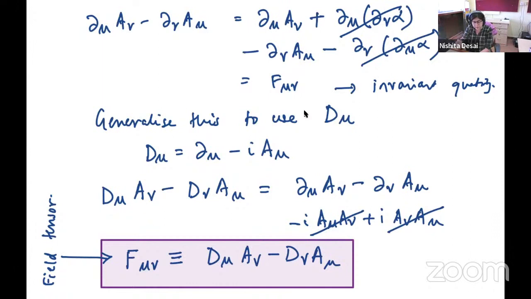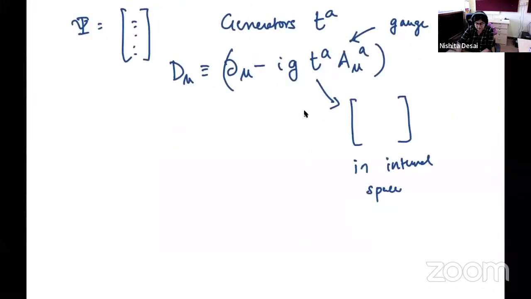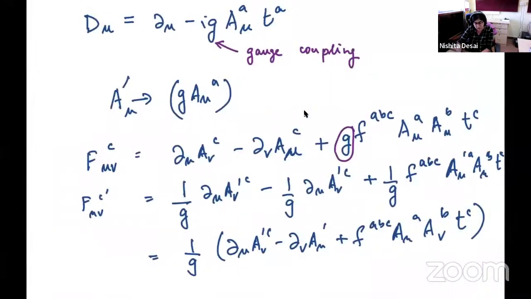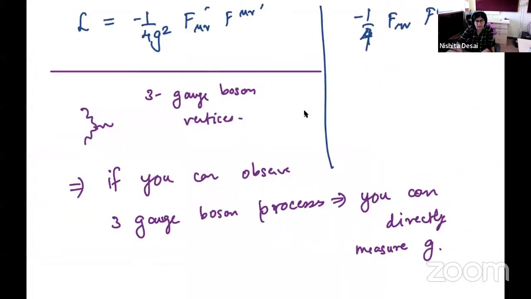So you can always redefine your A_mu by absorbing these coupling constants, and it will not come out as a fundamental quantity in that sense. Whereas here, this g is a fundamental coupling constant that becomes a property of the model that you're writing down. And you can actually measure its value using processes that depend on vertices like this.